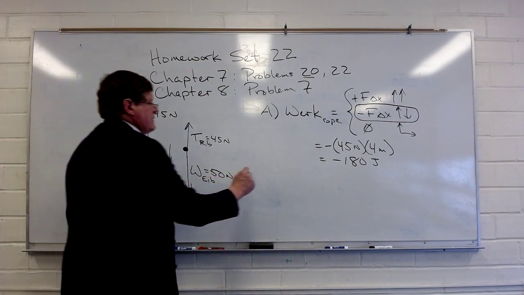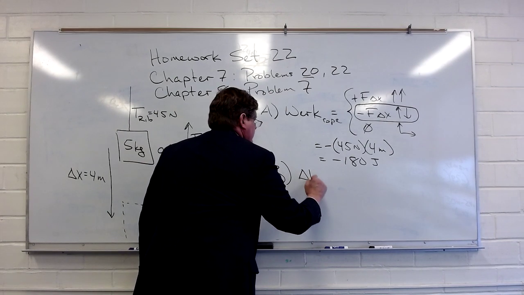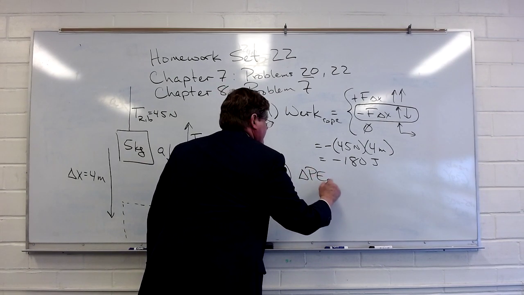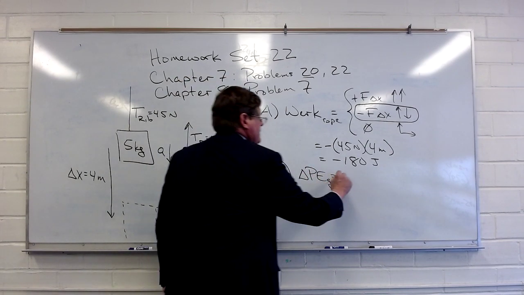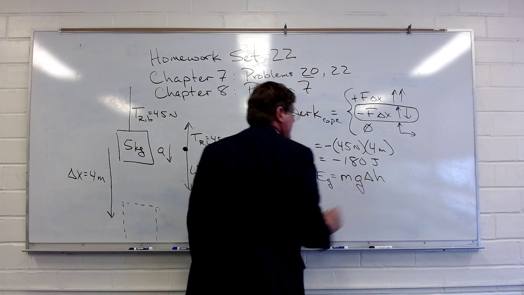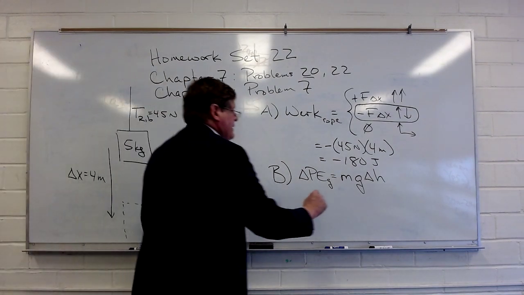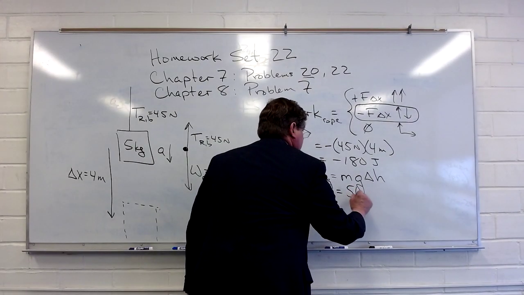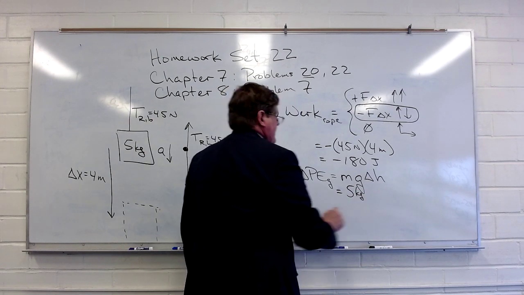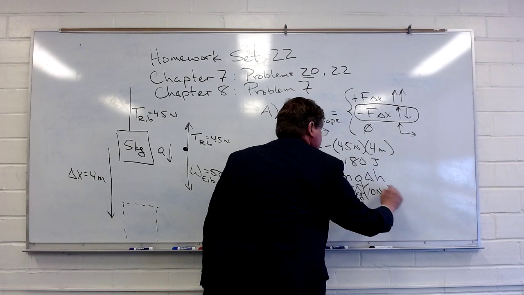Now, during that time, the change in gravitational energy is just going to be the mass times g times the change in height. Well, the mass is 5 kilograms, and g is always 10 newtons for each kilogram.